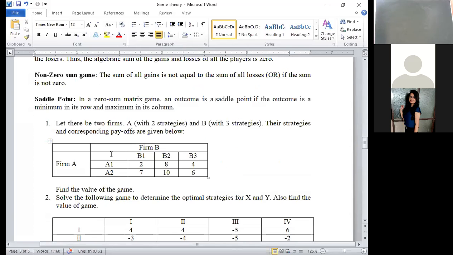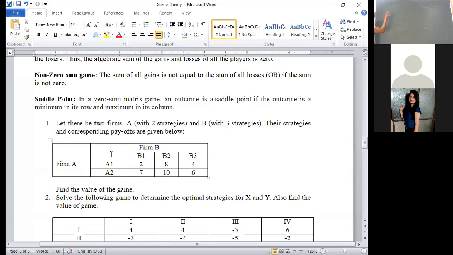Here, go through the first problem. There are two firms. Firm A is having two strategies. Firm B is having three strategies. Here, we need to find out the value of the game. First one is pure strategy.